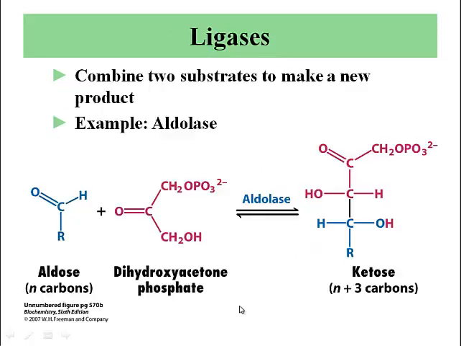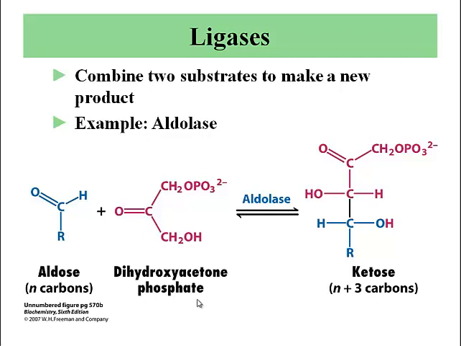And then the ligases are going to be any enzyme that combines 2 substrates to make a new product. We've already seen our DNA ligases doing this. It's taking the 2 strands of the DNA, joining them together into a larger strand of DNA. And we have another example here that's called the aldolase.